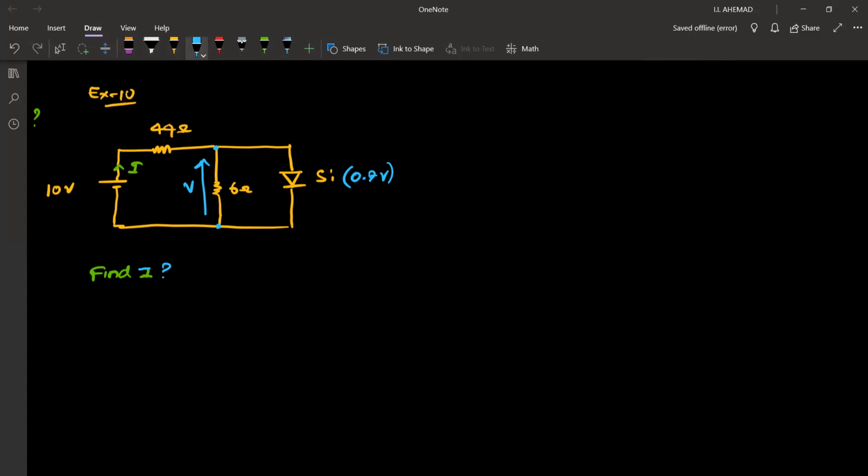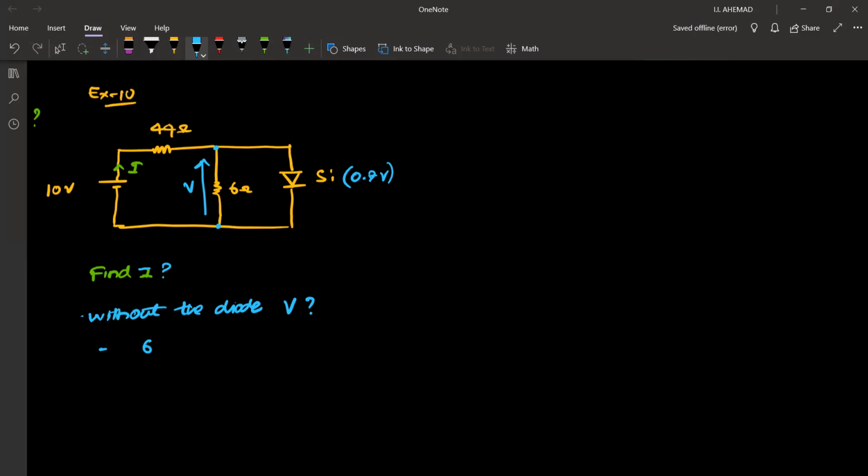Now we are going to find, without the diode, what is V? If this diode is not present here, this is a potential divider circuit.